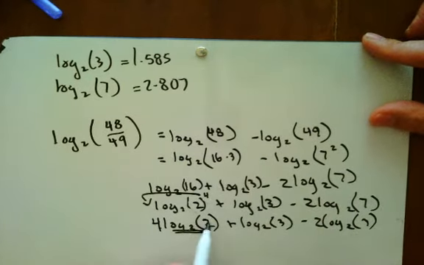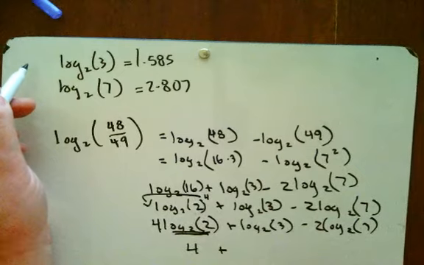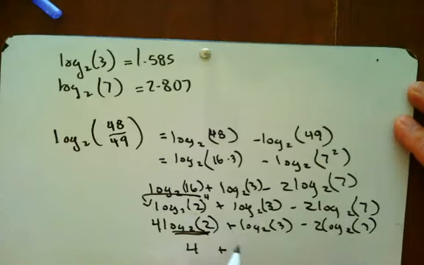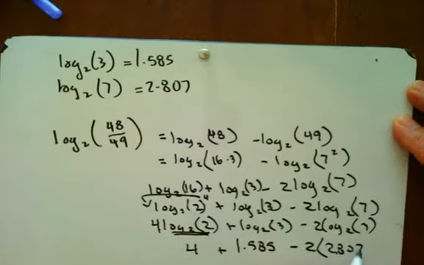Oh no, look at 4. You know, we're going to have to do some more. Maybe it would have been smart if back here we saw 16 as 2 to the 4th. Because then we could just bring down this 4 and have a 2 here. Plus log base 2 of 3 minus 2 log base 2 of 7.